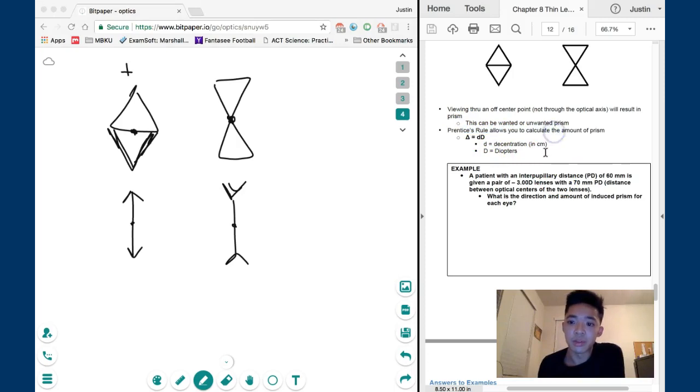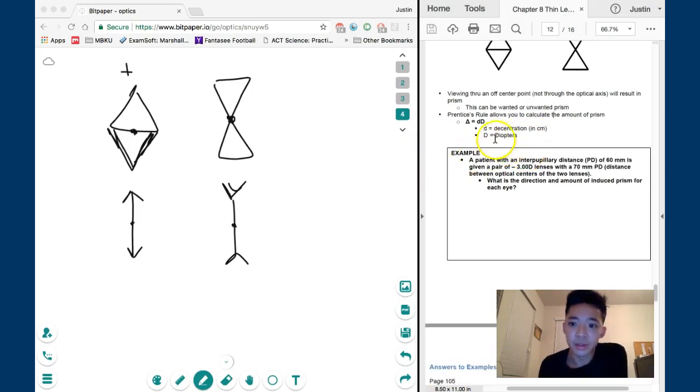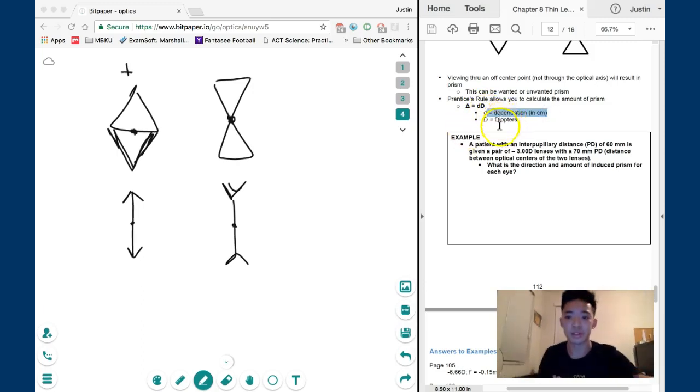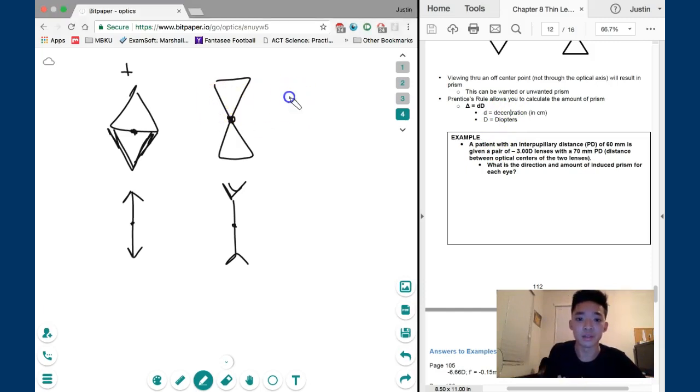If you recall, prisms just change the whole image, they move everything, shift it over a little bit. Prentice's rule allows you to calculate the amount of prism using this equation. The amount of prism right here is equal to the amount of decentration, so how far you are from the center in centimeters, times the power of that lens itself.